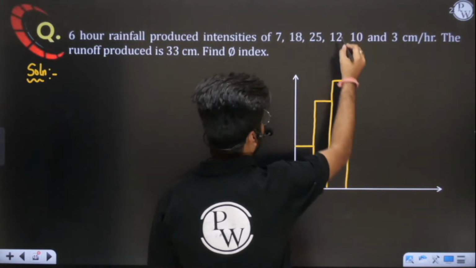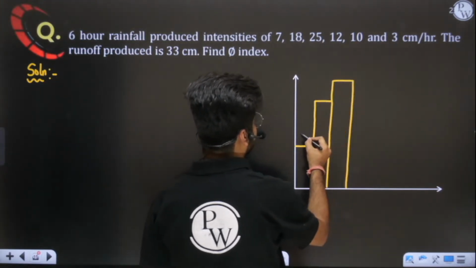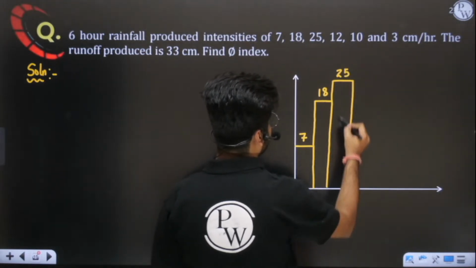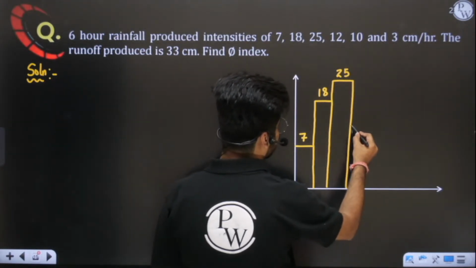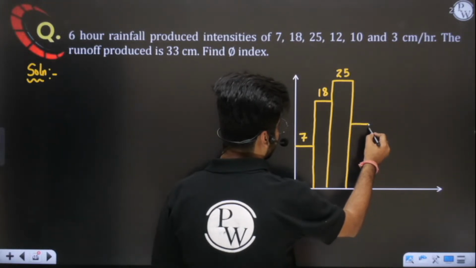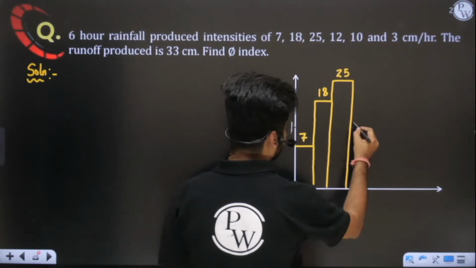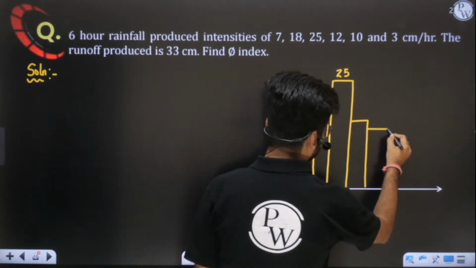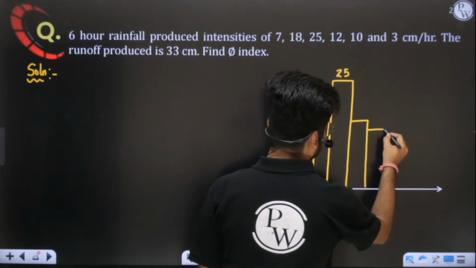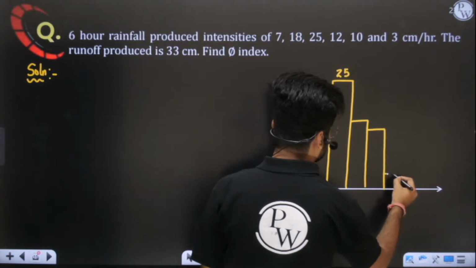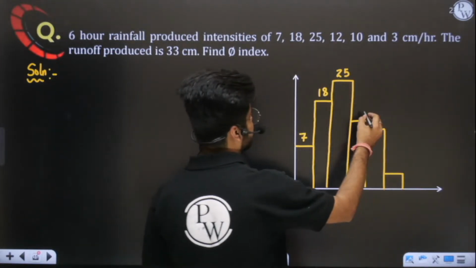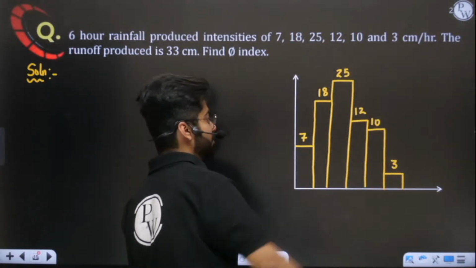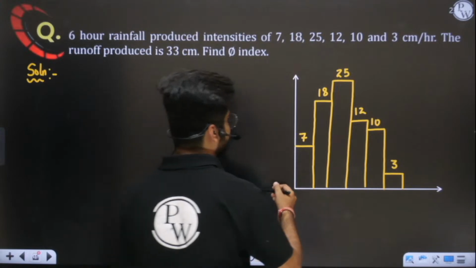Then we have 12, then 10, and 3 at last. So I write here 7, 18, 25, 12, 10, 3. Perfect, sir. So this is my intensity versus time graph.